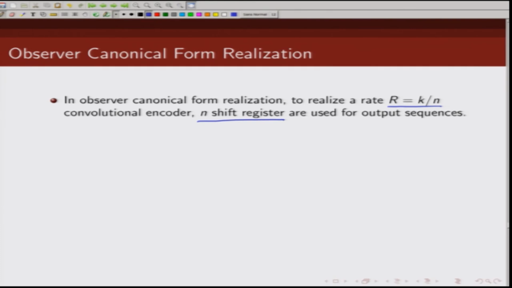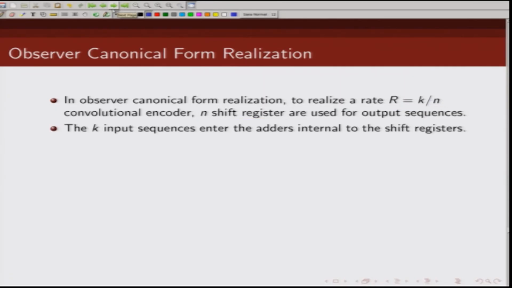Please note, for the controller canonical form realization, we required k sets of shift registers, whereas in this case we require n sets of shift registers, one for each of the coded bits. The second difference is the k input sequences in the observer canonical form realization, these k sequences enter into the shift register and these adders are internal to the shift register.